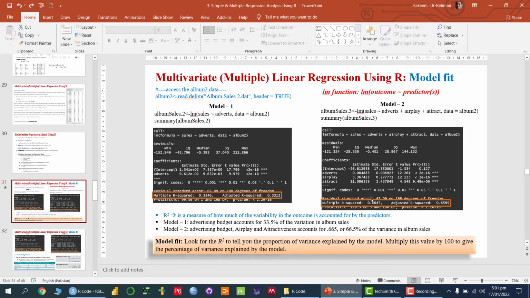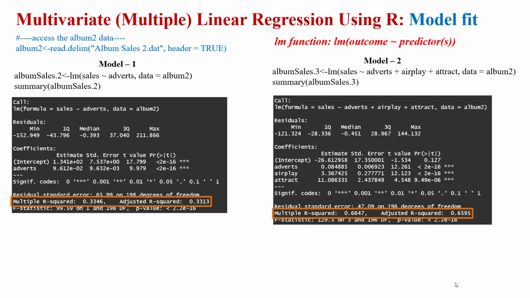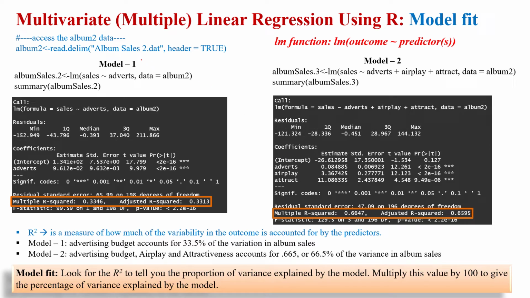So now let me show you the two models' results. First of all, we have model 1 where we have one dependent variable and one independent variable. Model 2, again obviously, we have one dependent variable and three independent variables. So let's first discuss the model fit, how much variation in the sales variable these independent variables are able to explain.